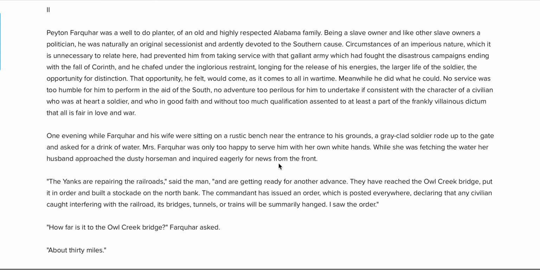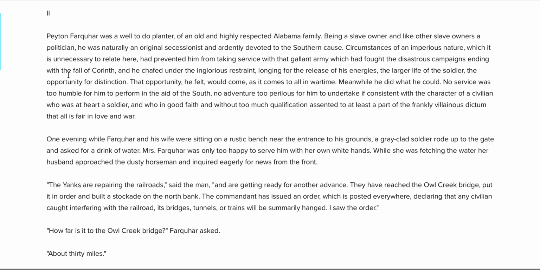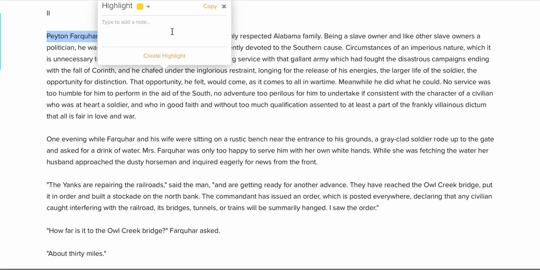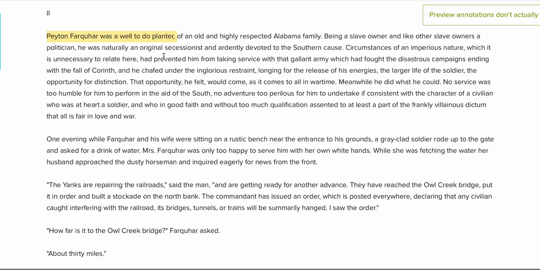Then we're introduced to part 2, which is mainly a flashback, taking us to the past of this moment. And we're introduced to the name of the main character we saw in the first part. Peyton Farquhar was a well-to-do planter from an old and highly respected Alabama family.